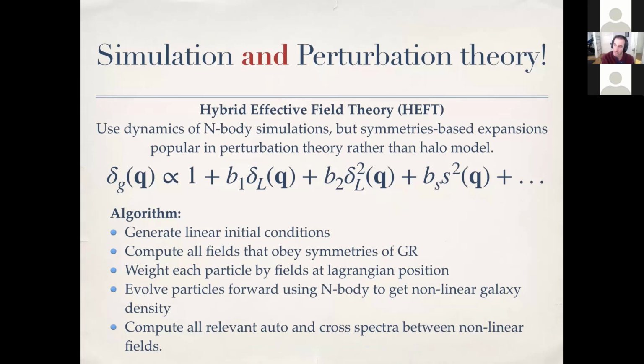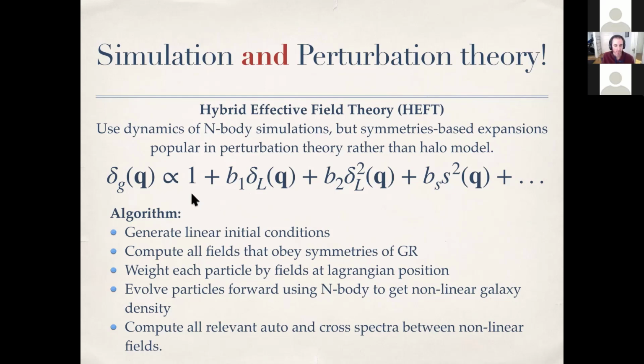So their convergence to smaller scales than the perturbation theory, but sidesteps some of these issues with the halo occupation distribution by basing the connection between matter and the galaxy distribution in the symmetries that we know our equations of motion have to obey. So that means that we can replace this halo occupation distribution with a so-called bias expansion that the perturbation theory uses.